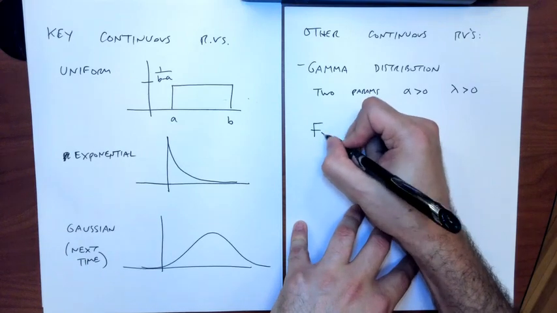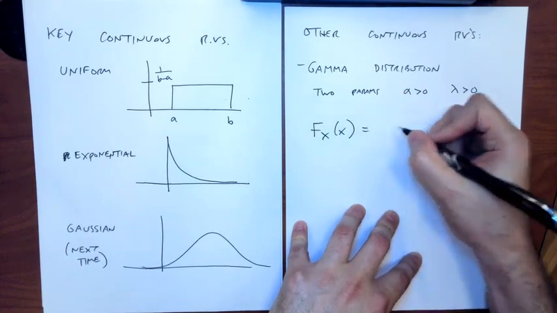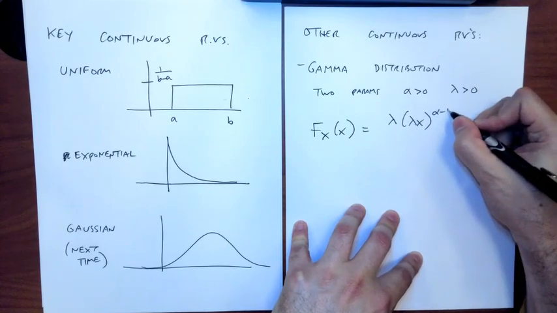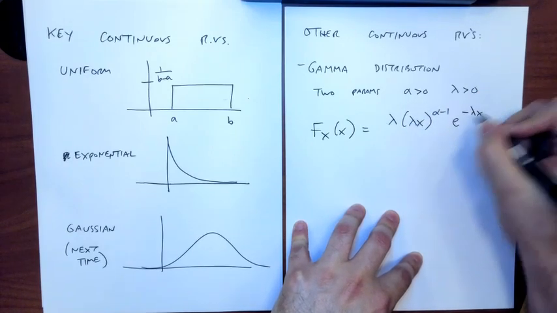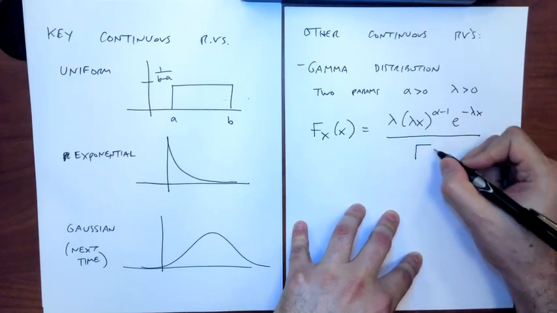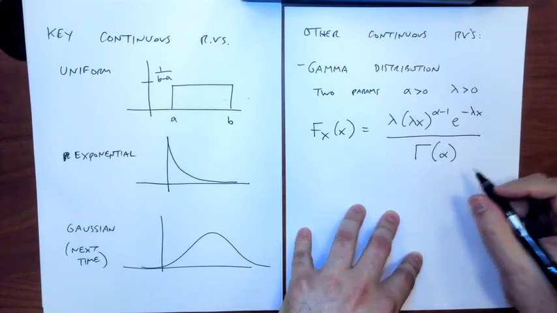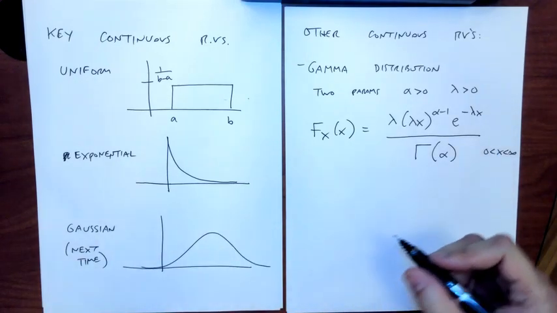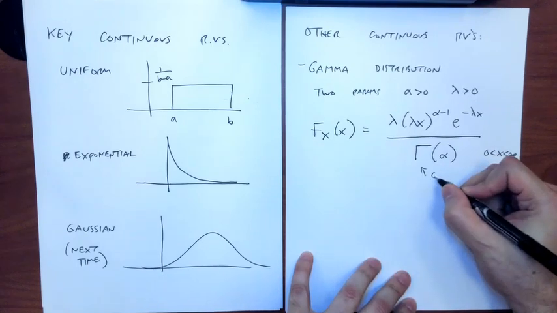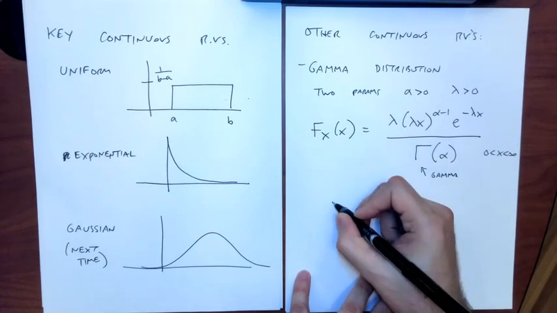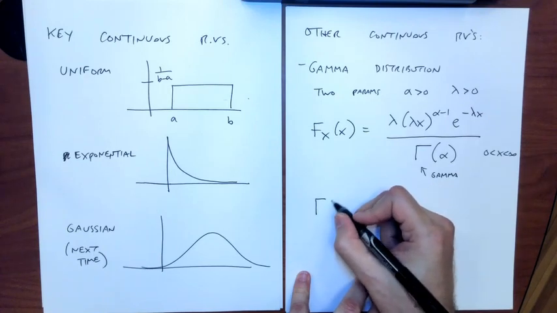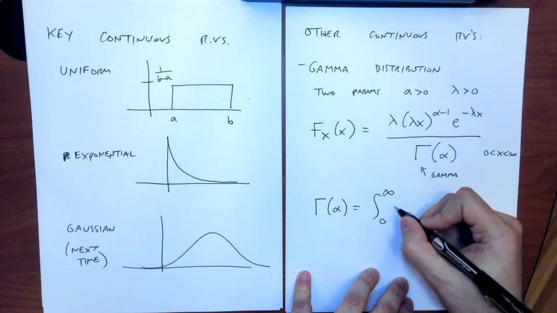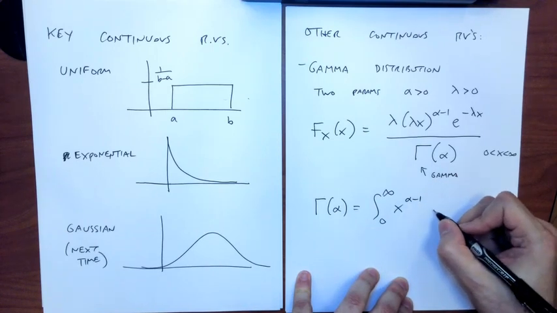And it has a PDF that is complicated. This thing is an uppercase gamma, and its definition is some integral that's difficult to evaluate directly. I'm only putting this down for completeness, so don't freak out about this.